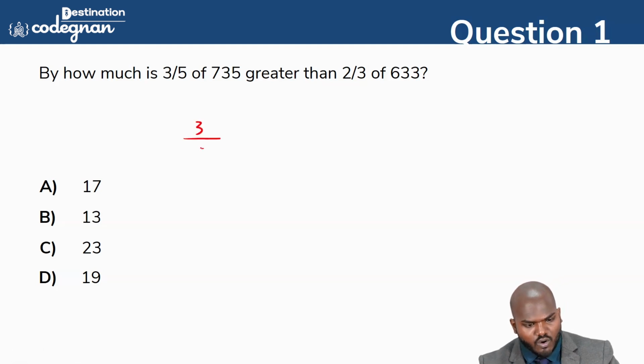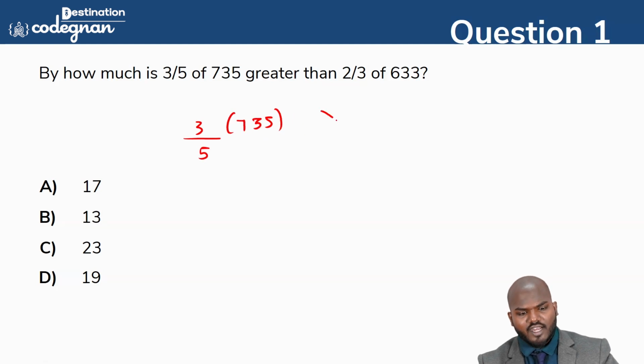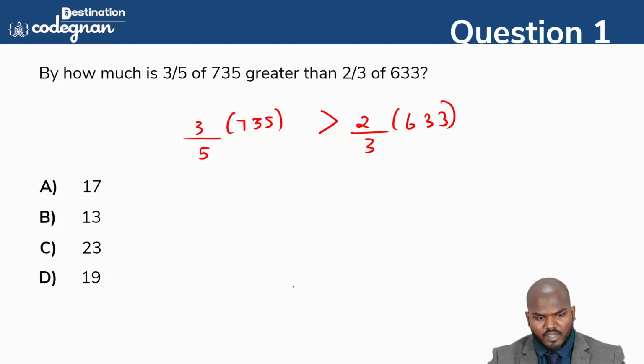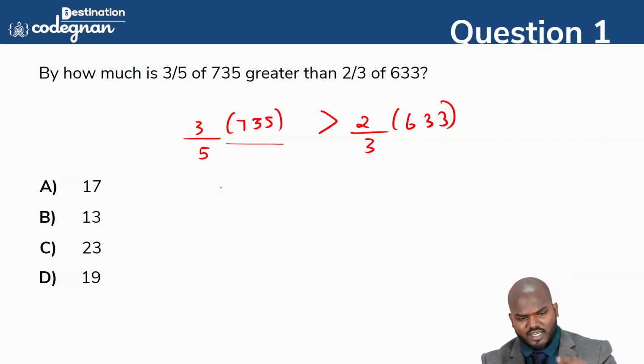That is, 3 over 5 of 735 is this thing, and greater than means 2 over 3 of 633 is what we call here. If you work it out, guys, 3 over 5 of 735 gives a value closely to 147, not 107, 147 you can call it here.